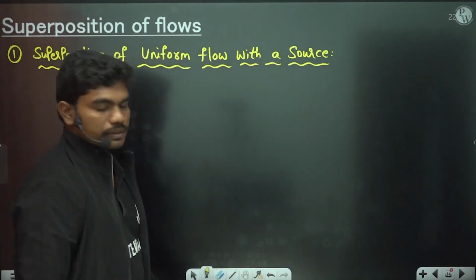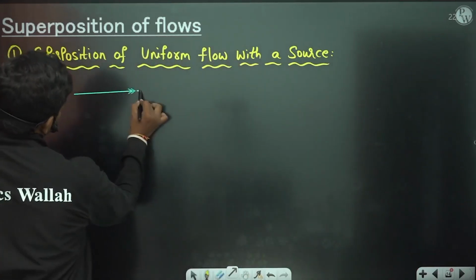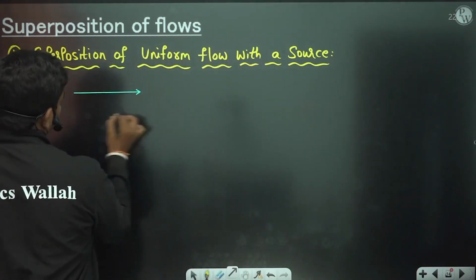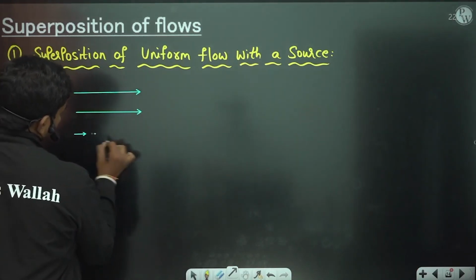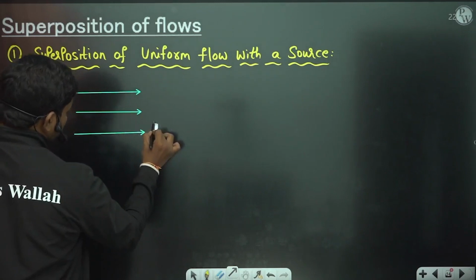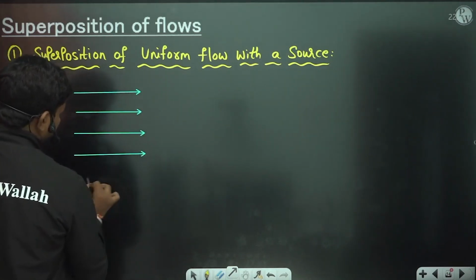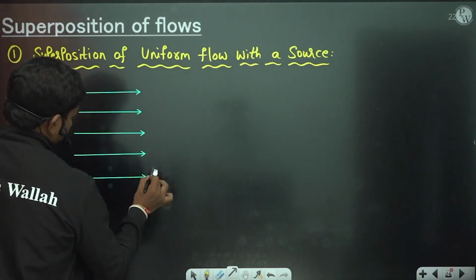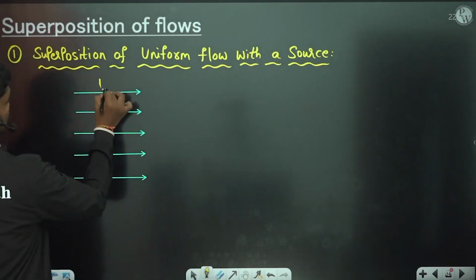So how do we superimpose? Basically we know that uniform flow is having some velocity in the x direction. Uniform flow in this direction, coming at some velocity u, for example.